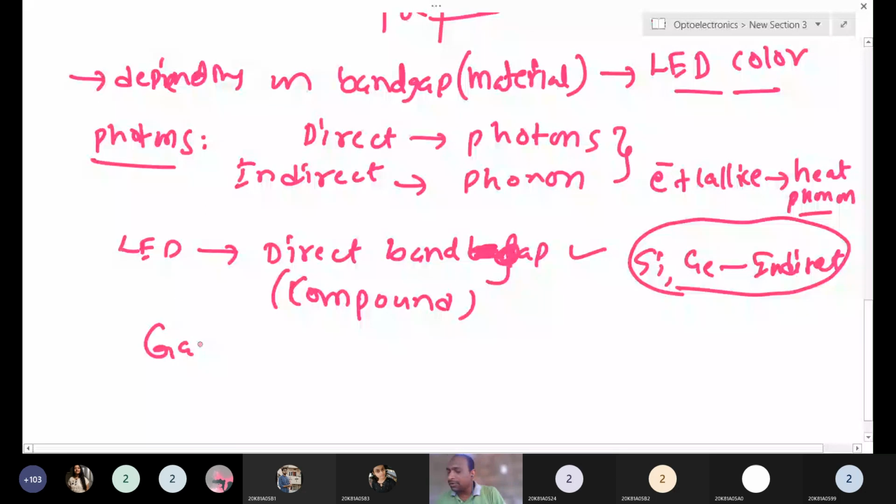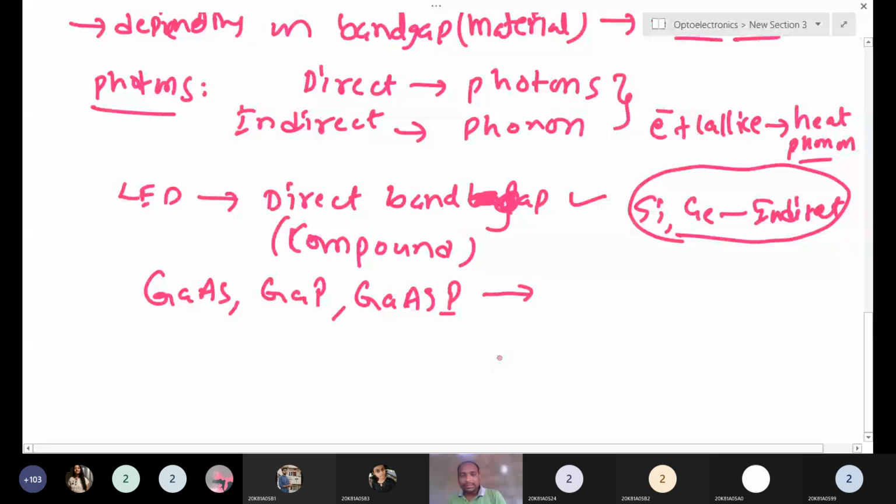We use this kind of material to emit light. Suppose you use gallium phosphide: you will get red color light, about 700 nanometers, and also green color, about 565 nanometers. So if you use gallium phosphide, why are there two colors?